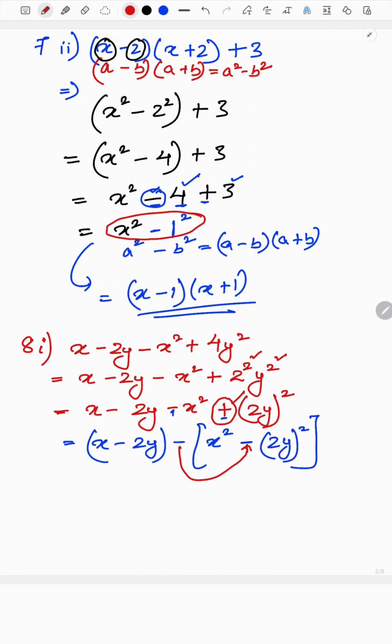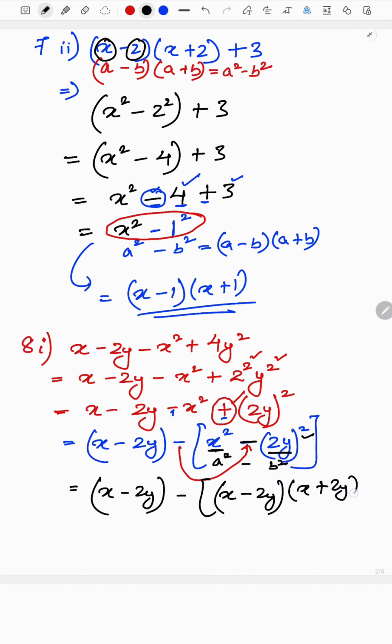All right, so in the next step, now what am I going to do is I will write x minus 2y within bracket minus, now within bracket you see that this is x square minus 2y square, that is in the form of a square minus b square. So I can write this number as x minus 2y into x plus 2y.